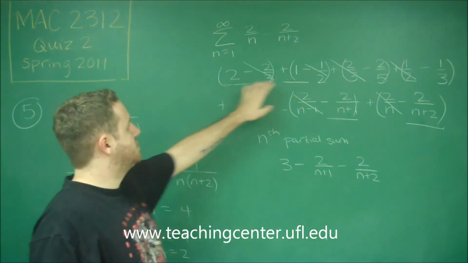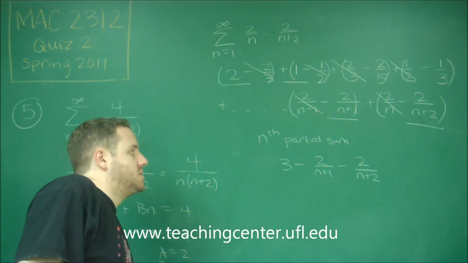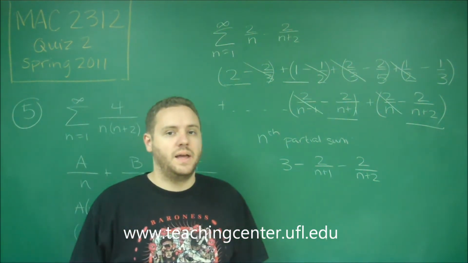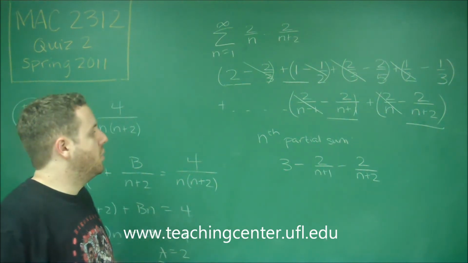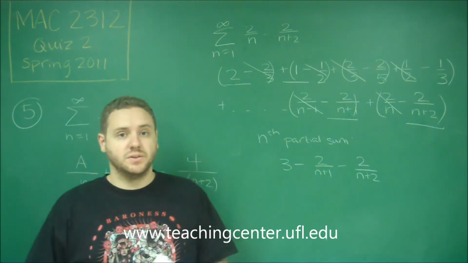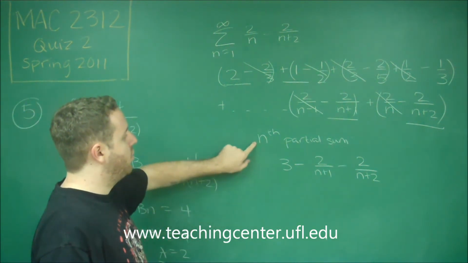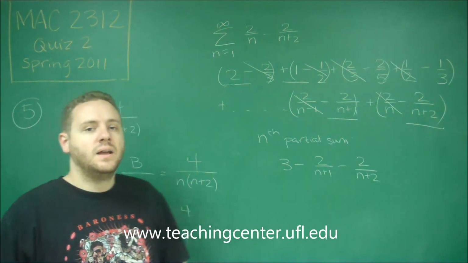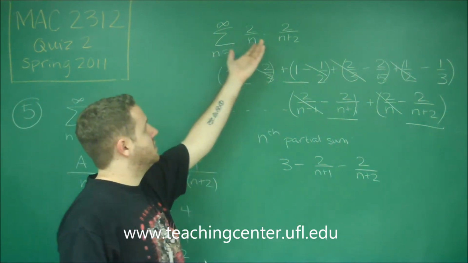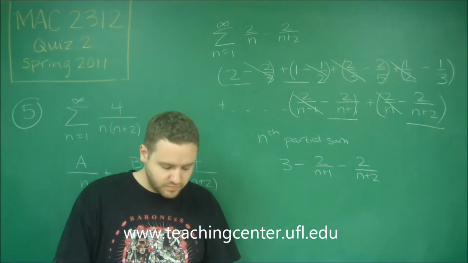So the first two terms were just nice, easy numbers, so we put them together as 3, but the last two are dependent on n. If this was not on a timed quiz or exam, something you could do to show yourself that this works is try 1 and 2 and 3 for n, and you should get the actual sums when you plug in 1 and 2 and 3, and those are easy to verify.